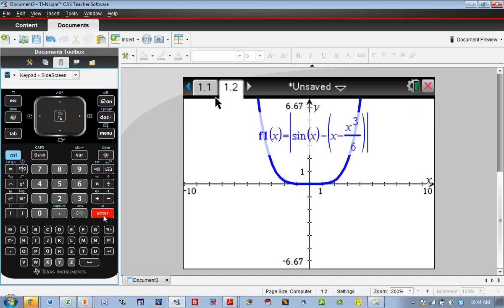So there's my error, and we can see that the error is closest to 0 when x is close to 0, and the further we get away from 0, the larger the error becomes.